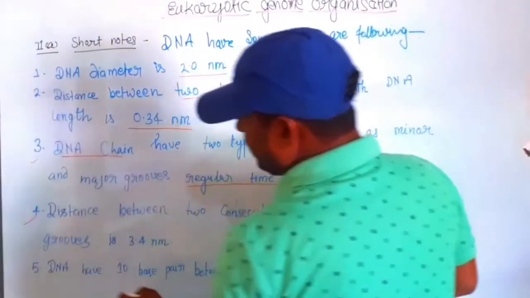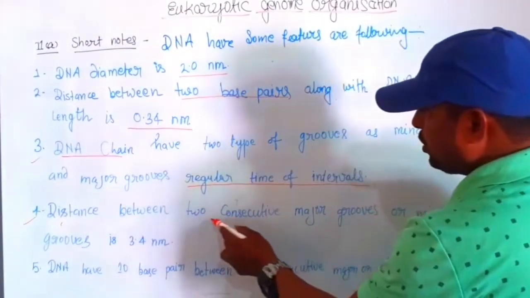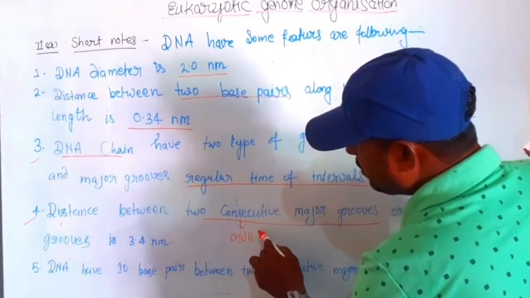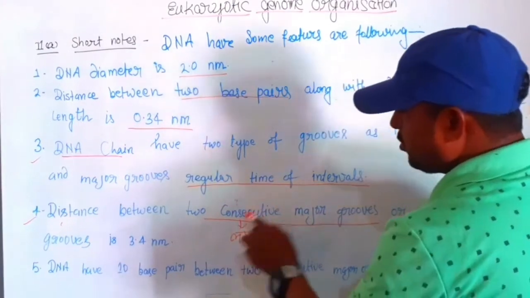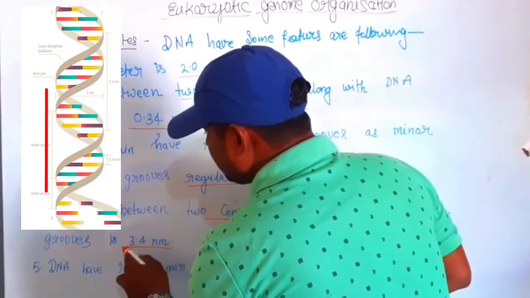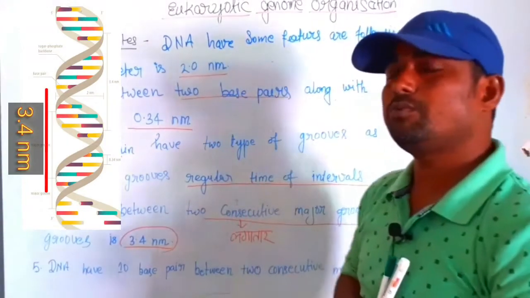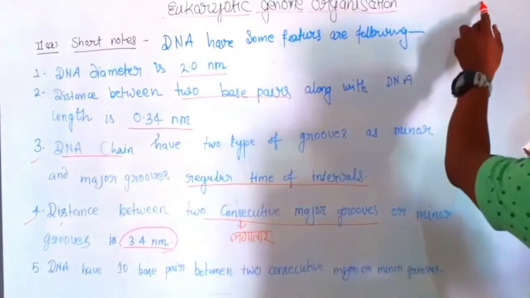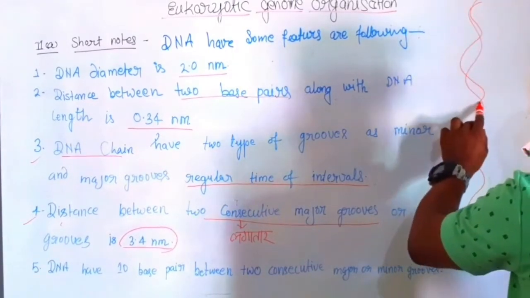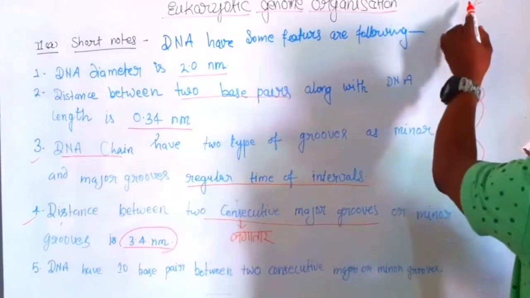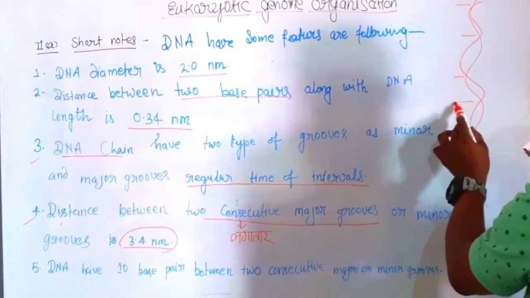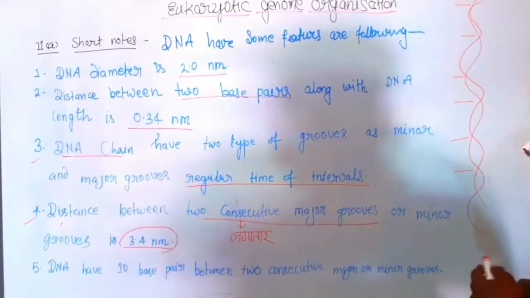Fourth topic: the distance between two consecutive major grooves, or consecutive minor grooves, is 3.4 nanometer. Let's see here. Suppose this is the minor, this is the major, this is the minor, this is the major groove.